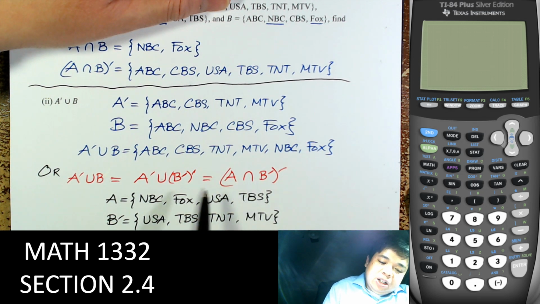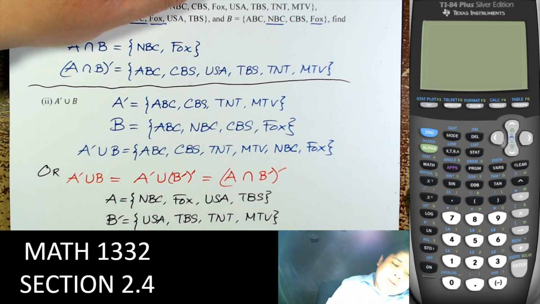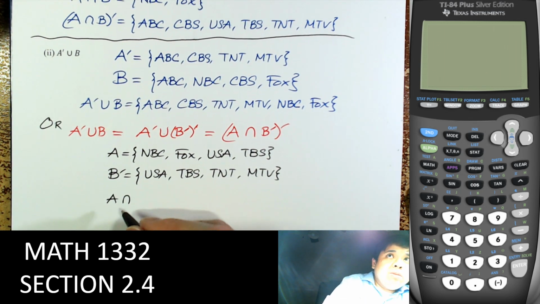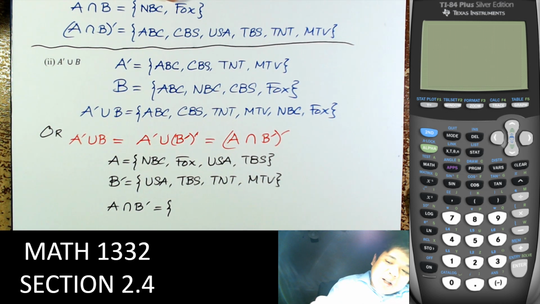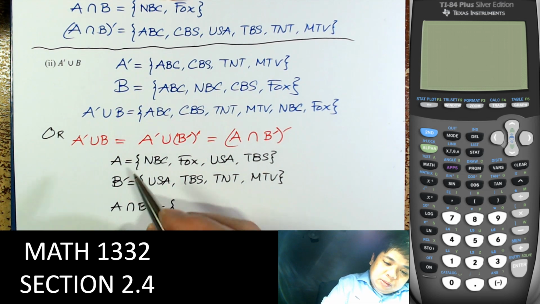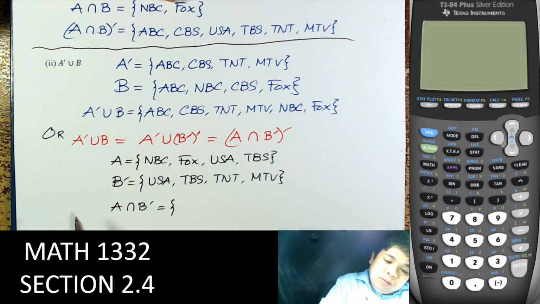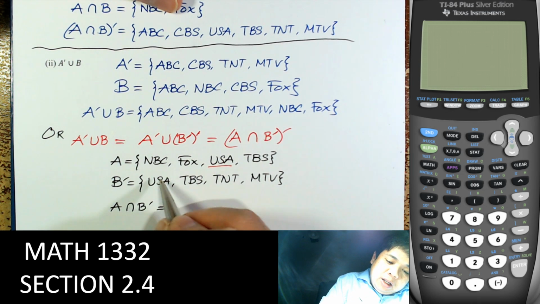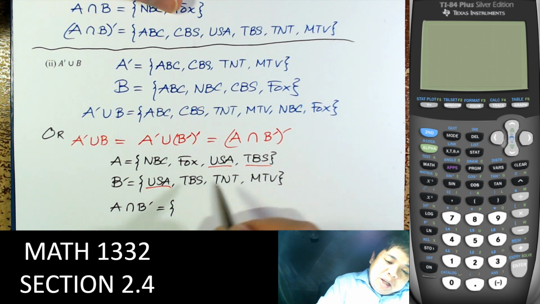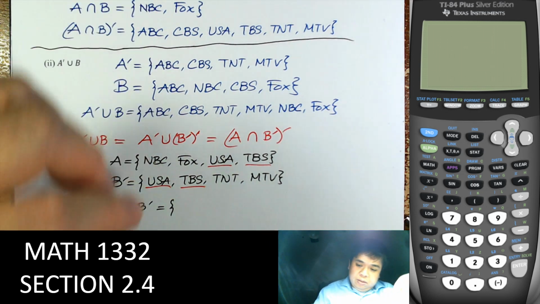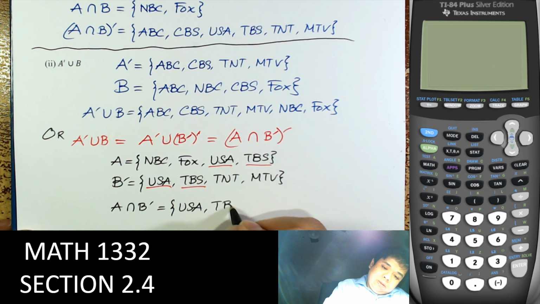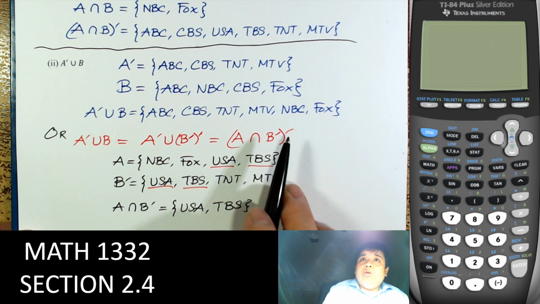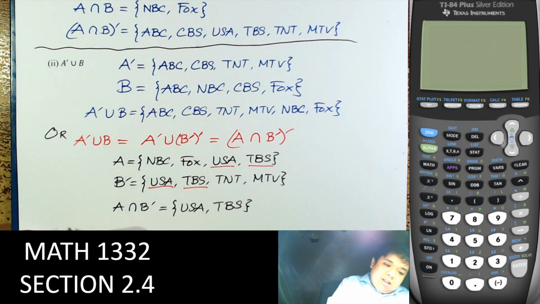Now we do the intersection. So what do they have in common? What they have in common is USA and TBS. And finally, we do one more complement of this.